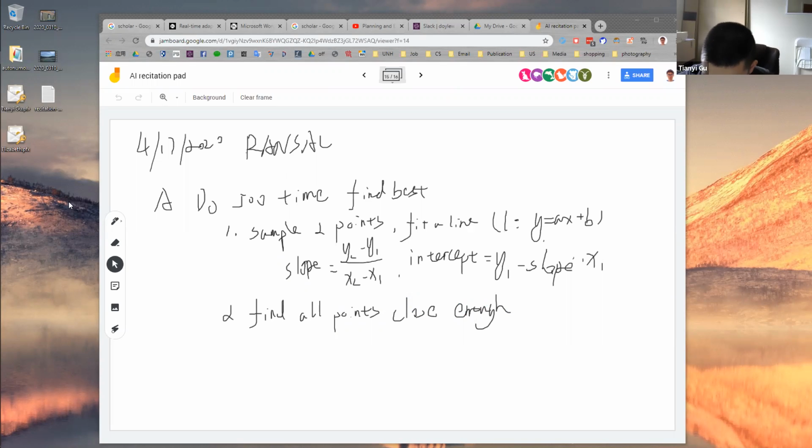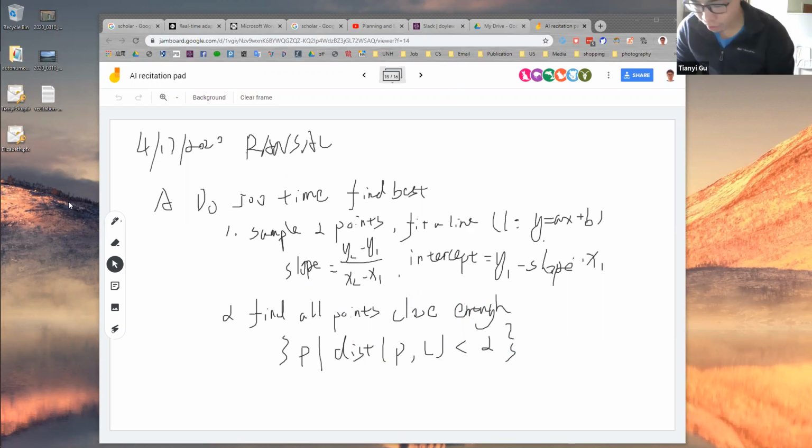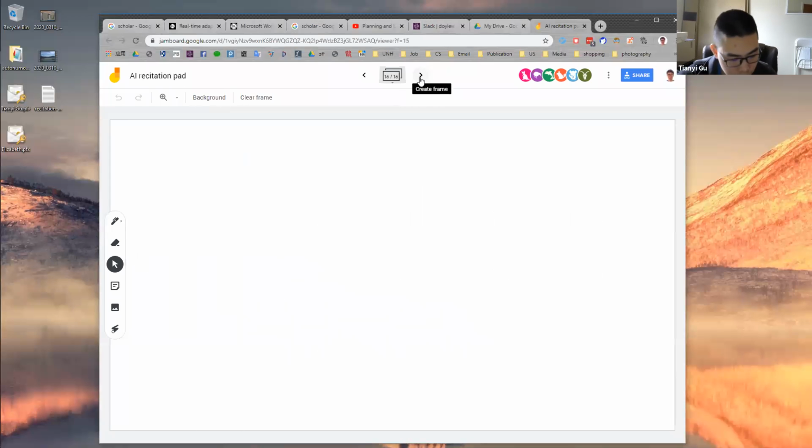You're going to get a set of points where the distance between the points and the line is less than, say, 2. All right, find this set of points.